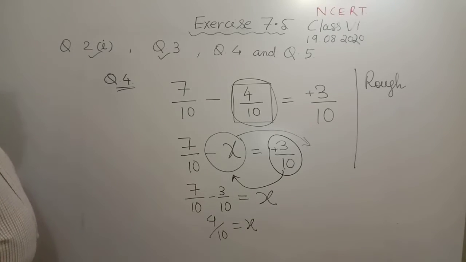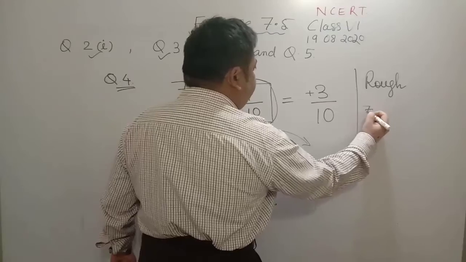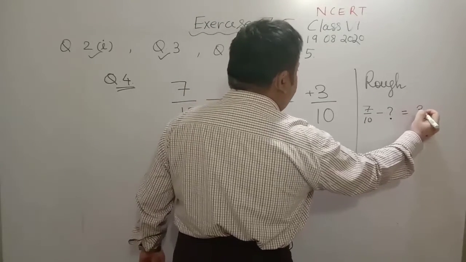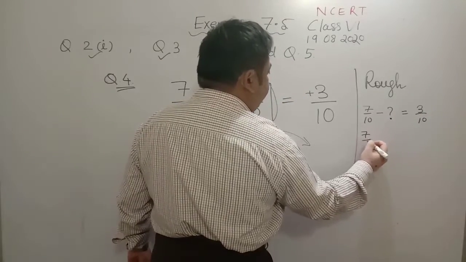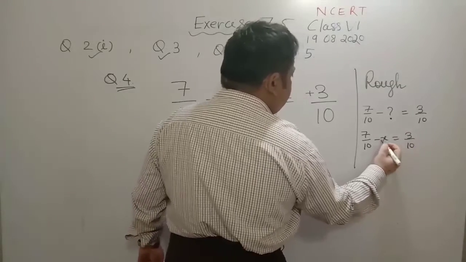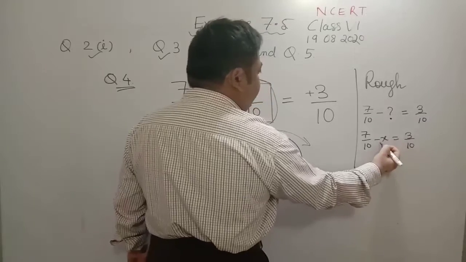Whatever unknown value is there, you can take it as X. If I write 7 by 10 minus what is equal to 3 by 10, let this what be equal to X. So 7 by 10 minus X is equal to 3 by 10. If minus X goes that side, it will become plus X. If plus 3 by 10 comes this side, it will become minus.